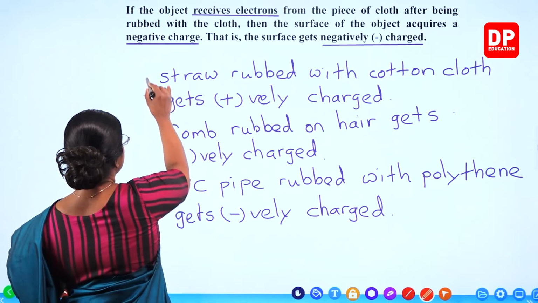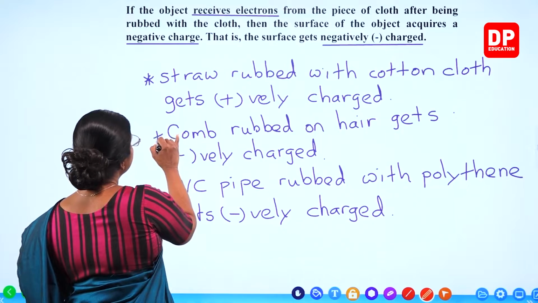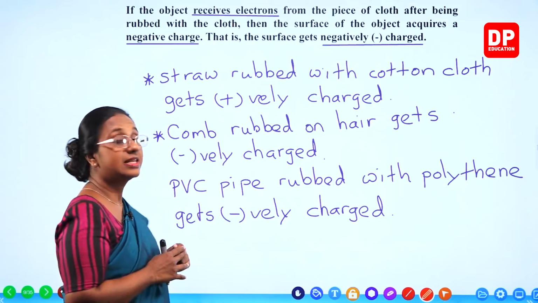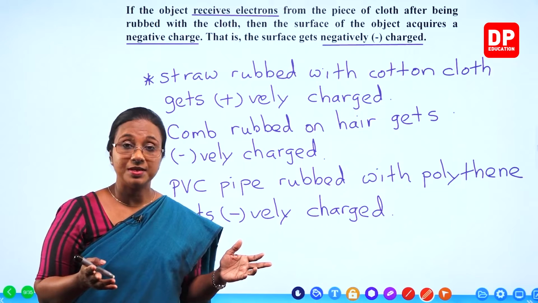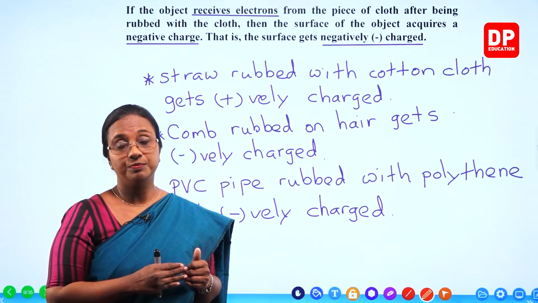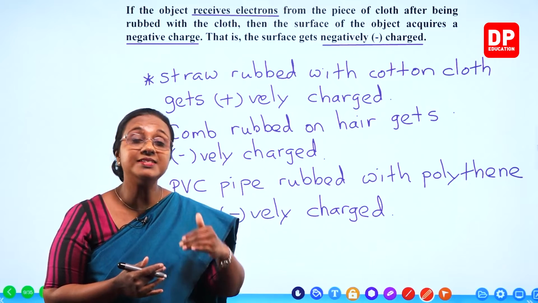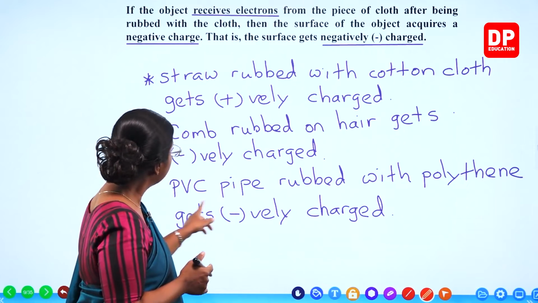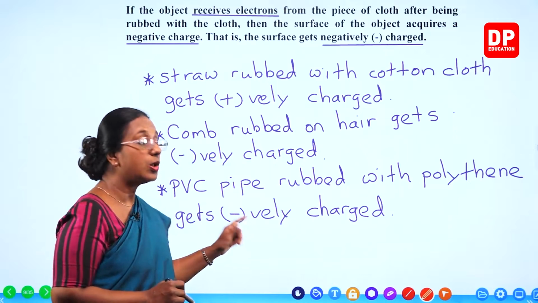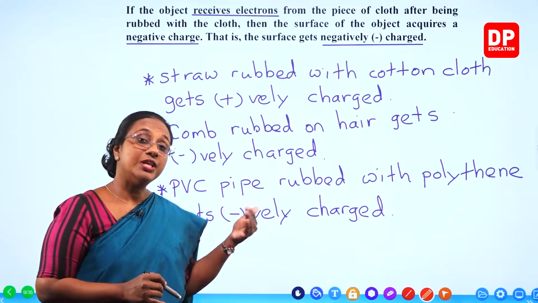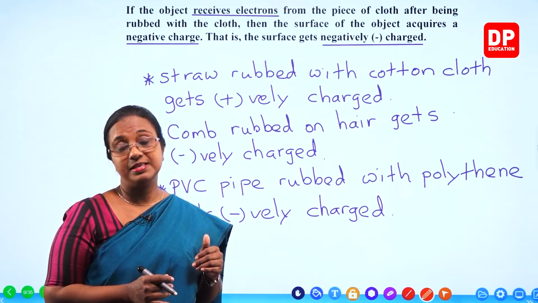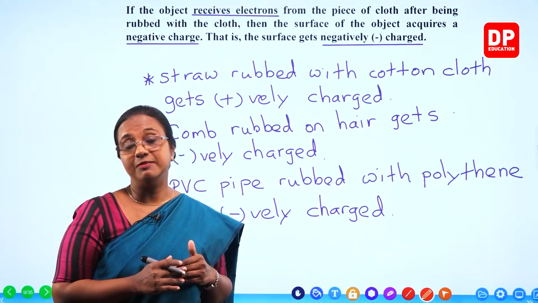In the second instance, where a comb is rubbed on the hair, the comb gets negatively charged. There, electrons from the hair move to the comb. So the comb receives electrons. Again, the third instance, PVC pipe rubbed with polythene, also gets negatively charged. So electrons from polythene flow to the PVC pipe.